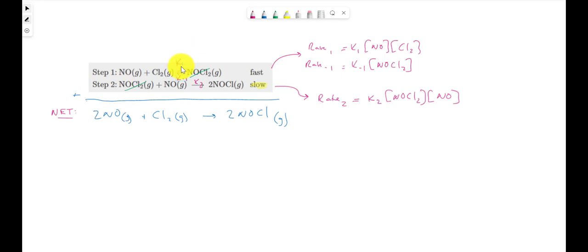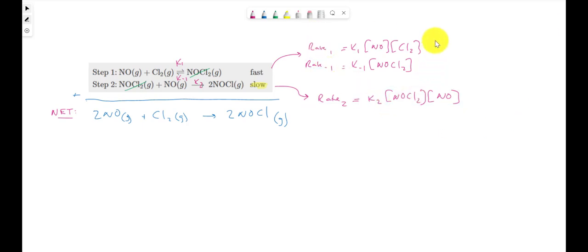I just added rate constants k1 and k inverse 1 here because this is a reversible reaction, and then I wrote out the corresponding rate laws as we've done many times before. The nice thing is we can see that the reverse reaction here is in terms of NOCl2, that is that intermediate species that we want to somehow substitute and replace from what our rate limiting step would be.